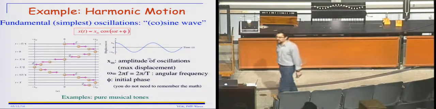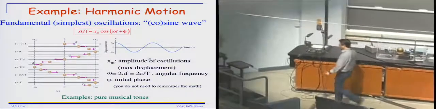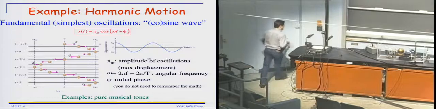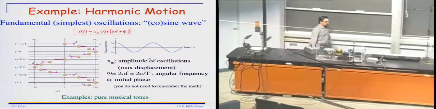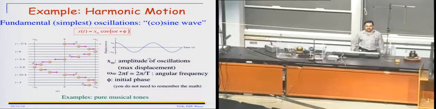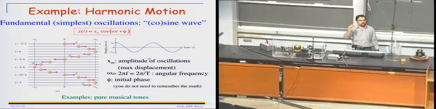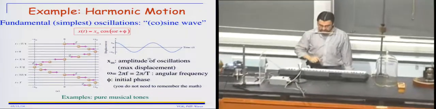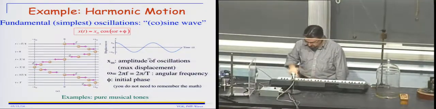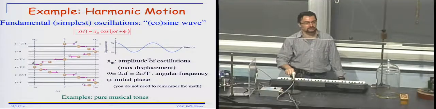It not only looks nice, it sounds nice. This is how this sounds. This is the purest form of vibration known to physicists. This is called harmonic motion, described by one particular frequency and nothing else. Here is how it sounds.